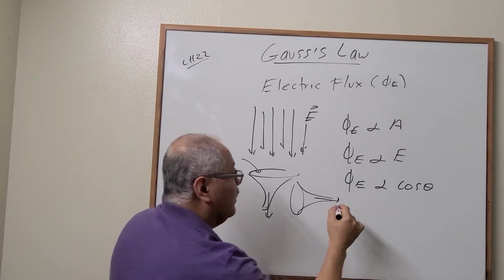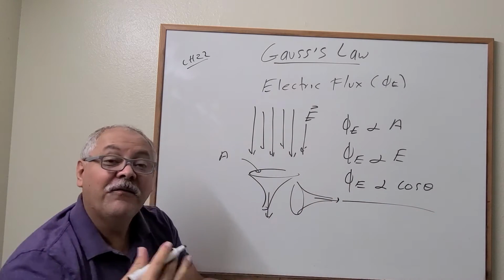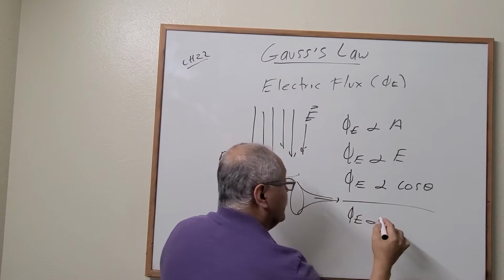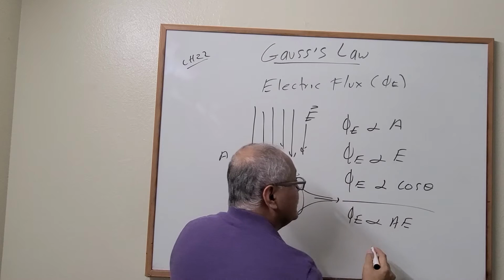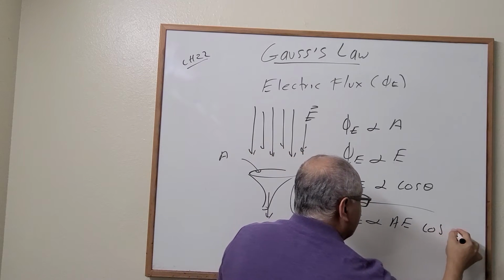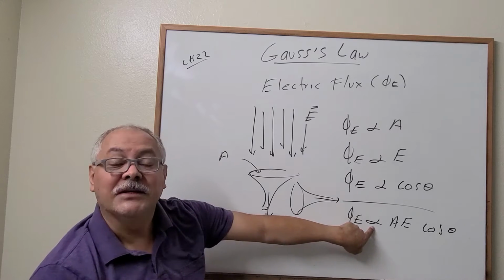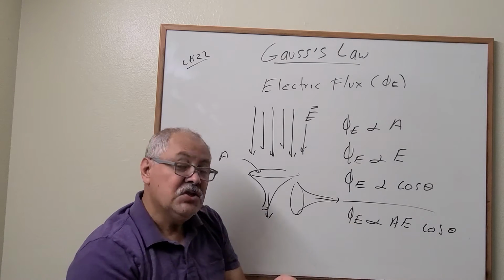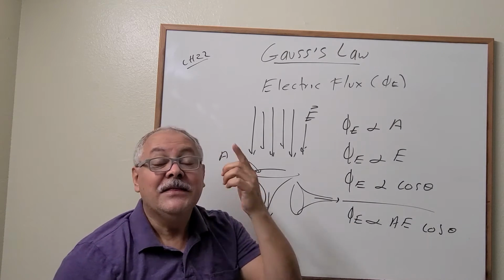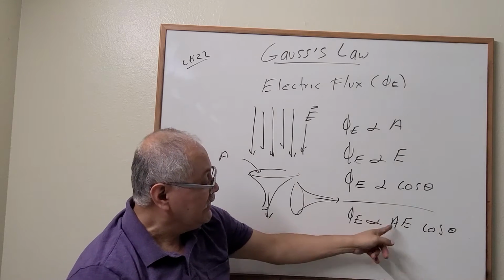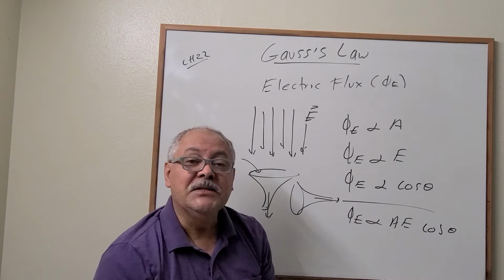Now let's combine these three factors. And what do we have? The electric flux is proportional to the area times the electric field times cosine theta. To eliminate this proportionality symbol, we need a constant. The constant is used mainly to match the units. It's found that K, the constant of proportionality, is 1.